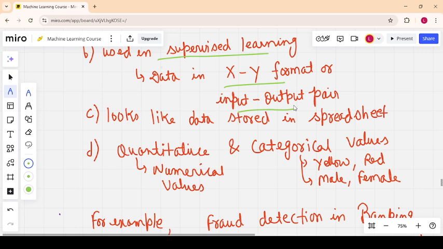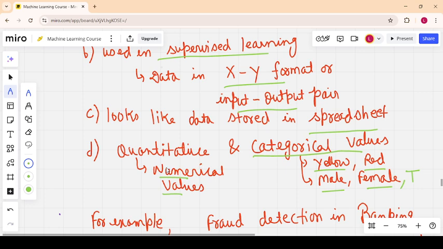You can think of data stored in a spreadsheet like Excel. We store data in the format of rows and columns. Data may be categorical, like gender: male, female, as well as transgender, and color: yellow, red. And quantitative data is numerical values, any infinite values.